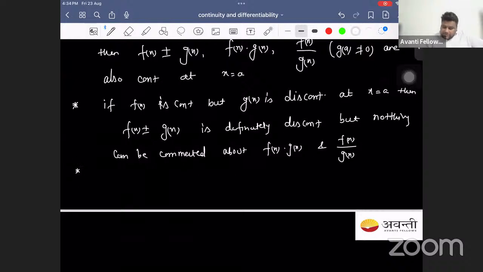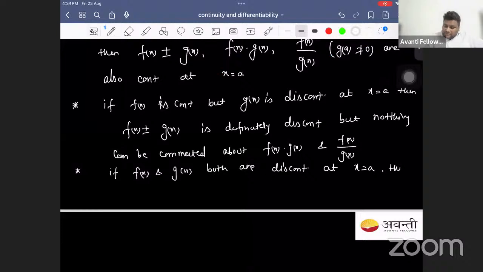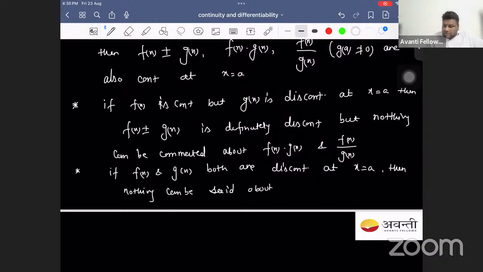And now the next: if f(x) and g(x) both are discontinuous at x equals a, then nothing can be said about their sum, difference, product, or quotient.